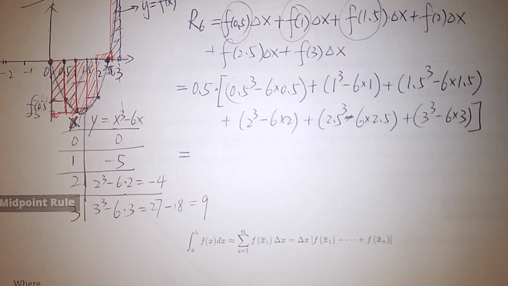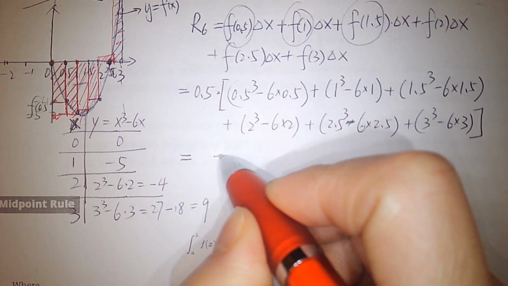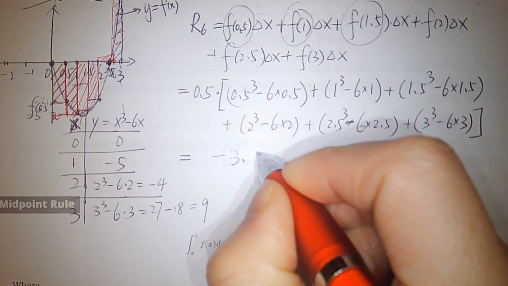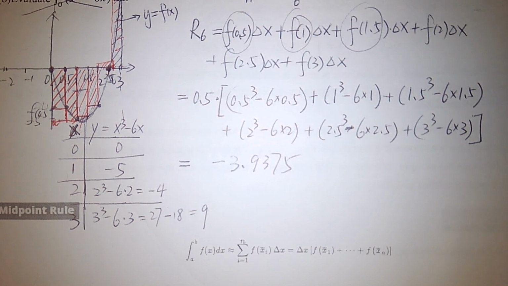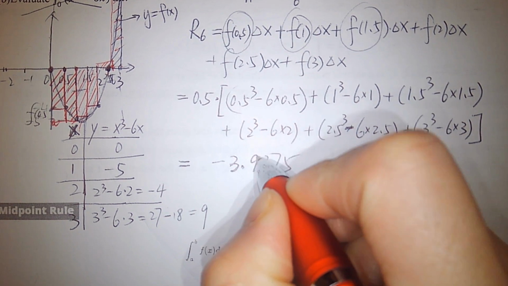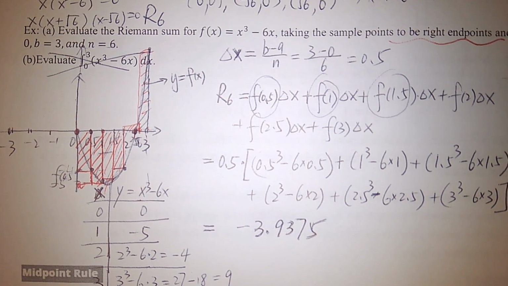So eventually the answer is negative 3.9375. Okay, see here, it's in the book, right? This is a graph, right? Okay, so this is this example, right?